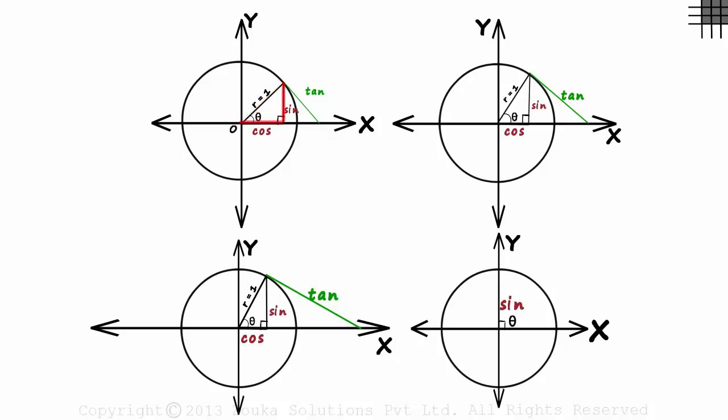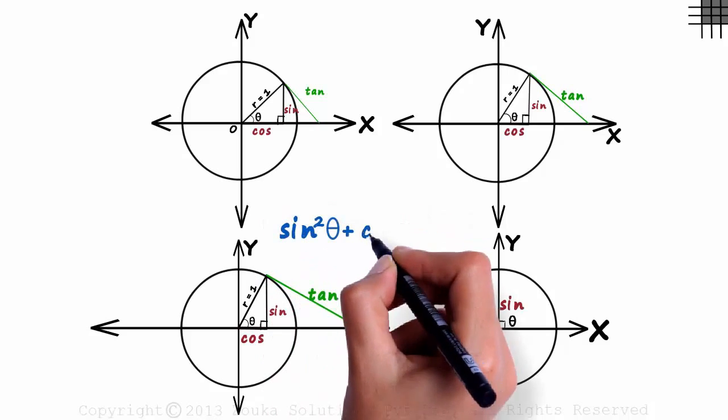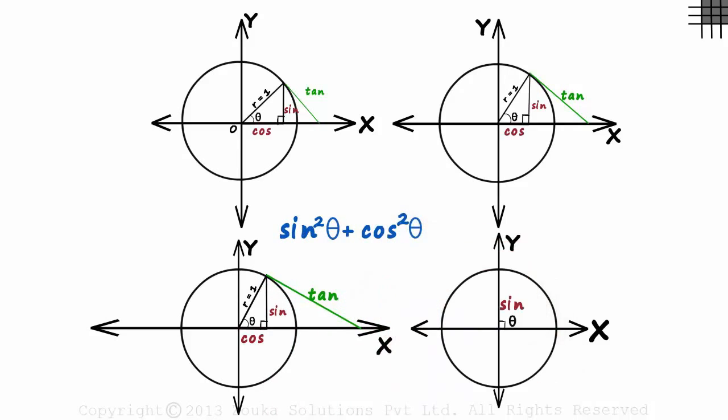And the other 2 sides in every triangle are sine theta and cos theta. Hence we can say that sine theta squared plus cos theta squared will equal 1 squared, which is 1. It is written as sine squared theta plus cos squared theta equals 1.